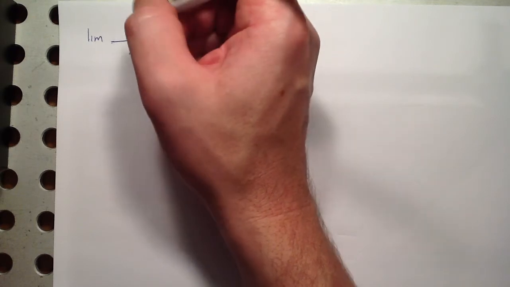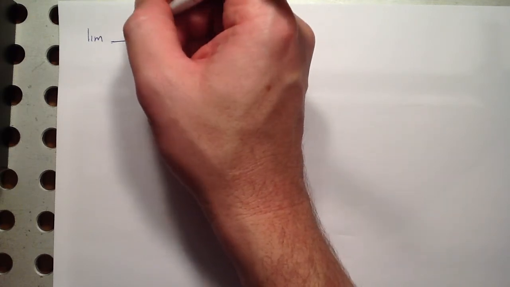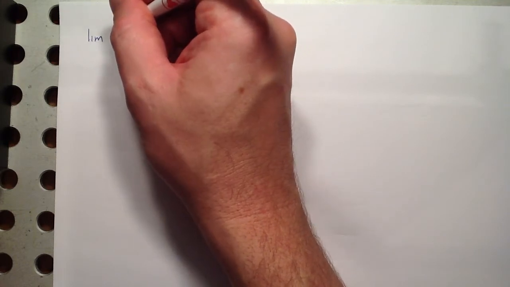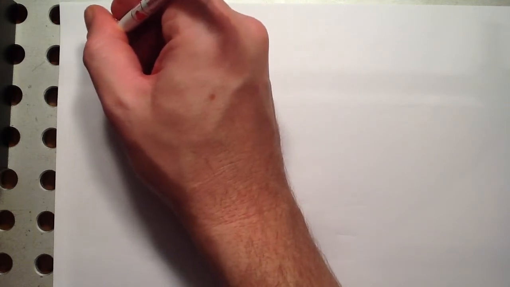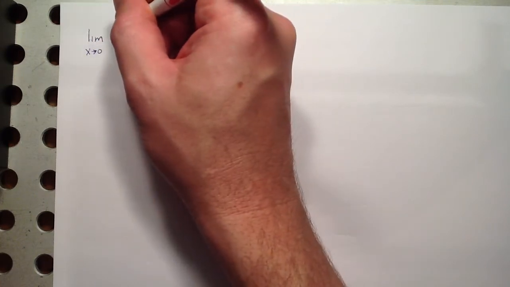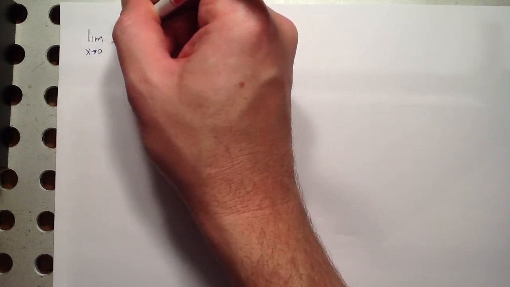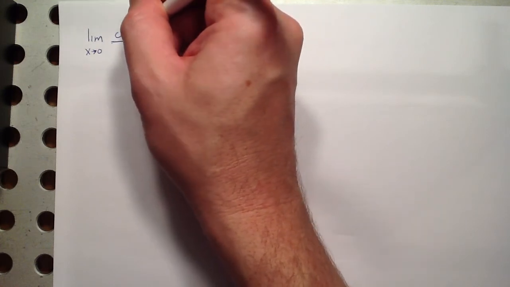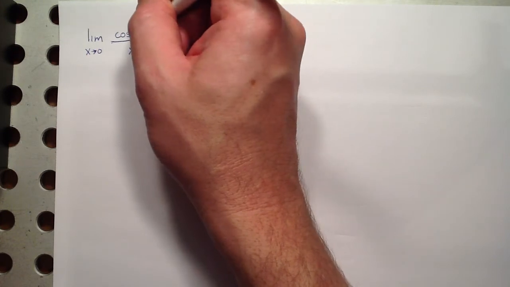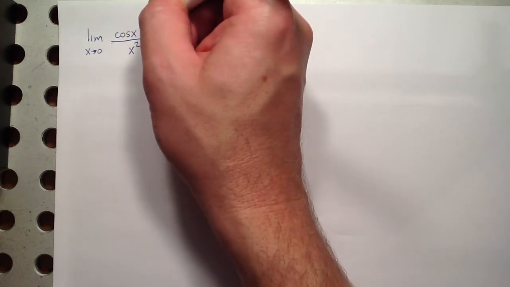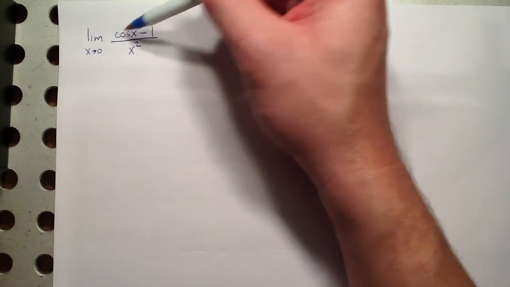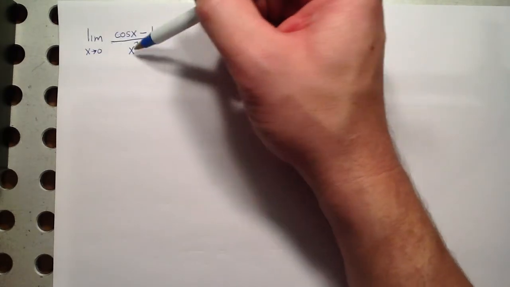And then on the top, we'll put, how about, the limit as x approaches 0 of cosine of x minus 1. Let's see how that works out. Okay, so we plug in 0. Cosine of 0 is 1, minus 1 is 0, 0 squared is 0.